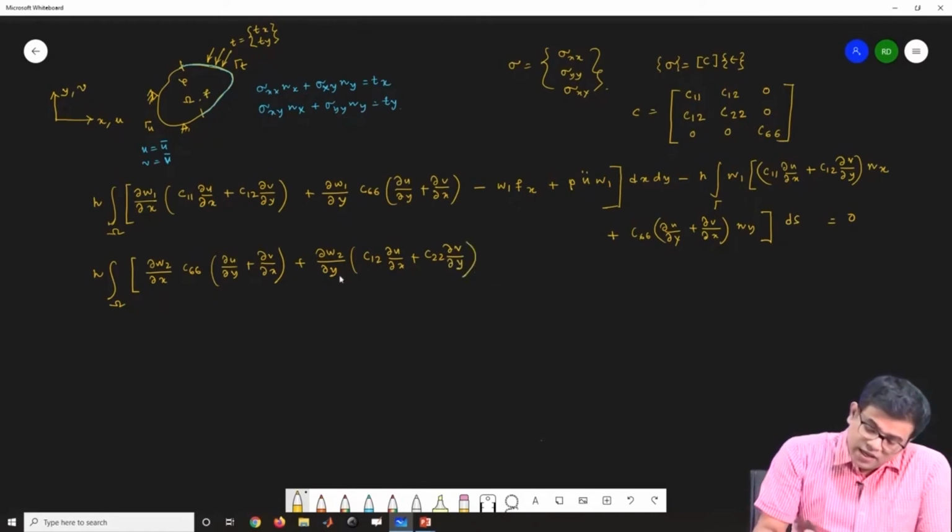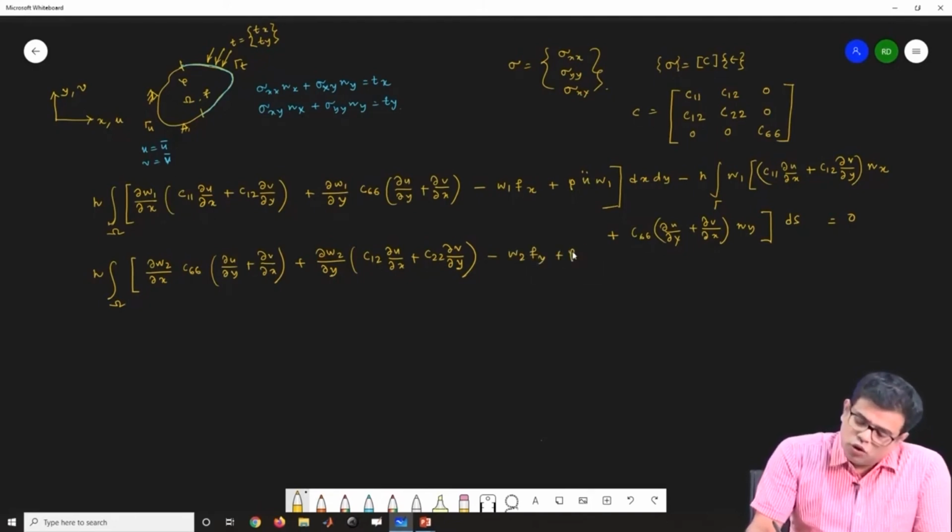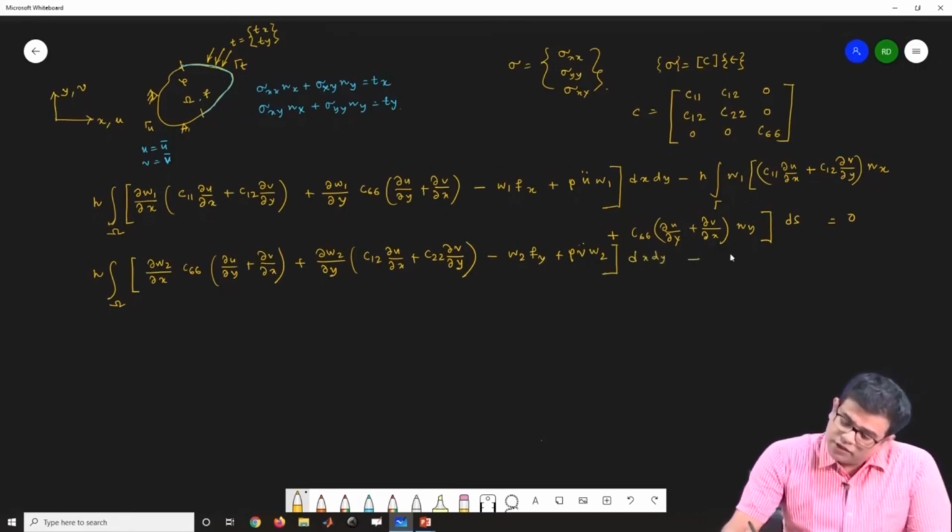So this is my internal stress term, and then w2 Fy plus rho v double dot into w2, again with dx dy. Then again you will have the boundary condition, which is similar to this.